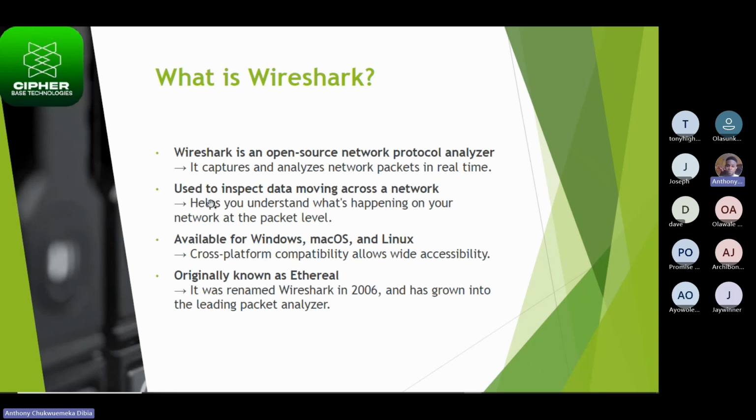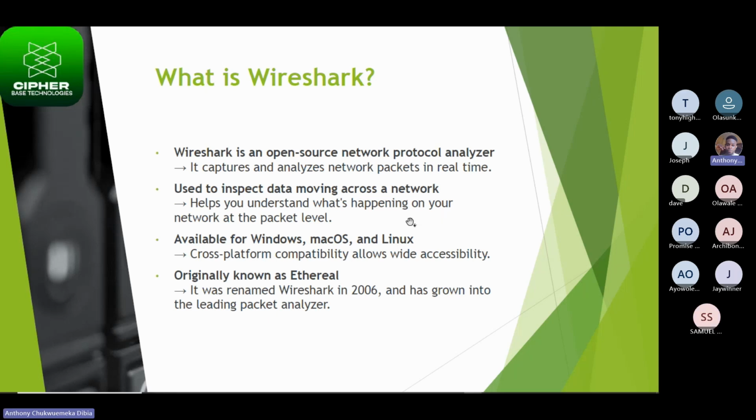Then we have: used to inspect data moving across a network. It helps you understand what's happening on your network at the packet level. That is, it helps you to understand what is happening on your network at the packet level, in the sense that you'll be able to monitor and analyze packets to see what is coming into your network and what is going outside your network.